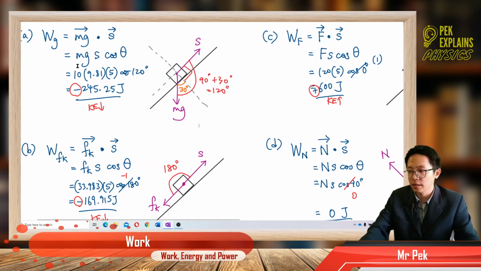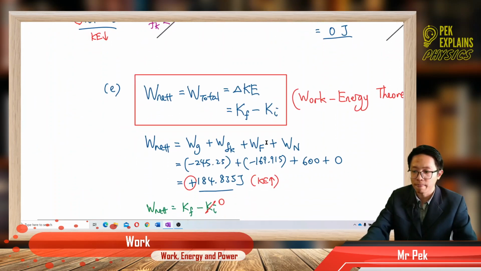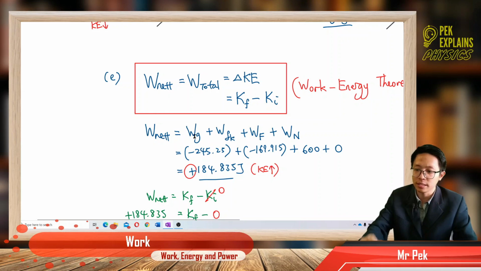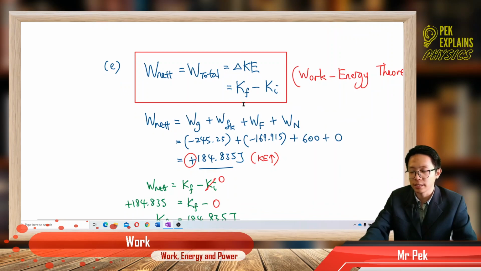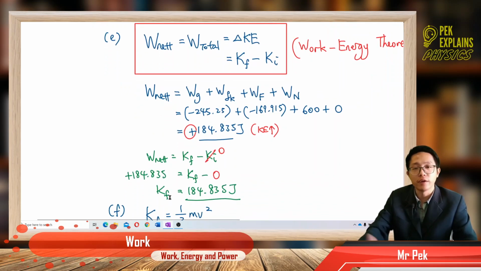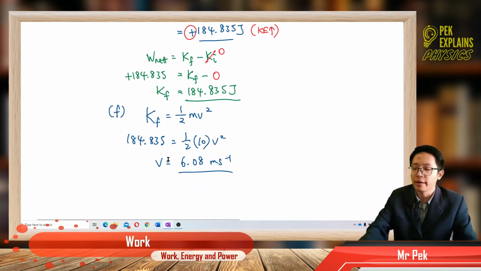We apply the formula W equals Fs cos theta, substitute the angle and the forces, and get the work done for each. The total work done is the sum of all the work done, and we equate it to the change in kinetic energy to get the final kinetic energy as well as the final velocity.